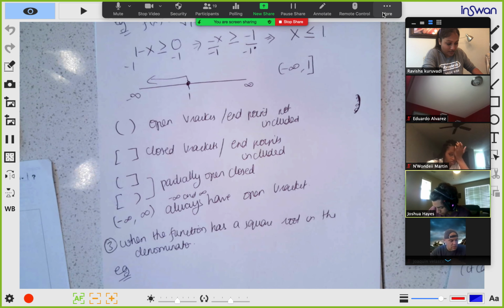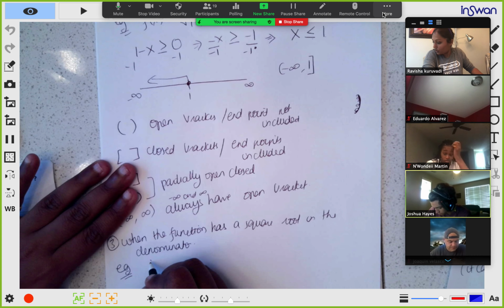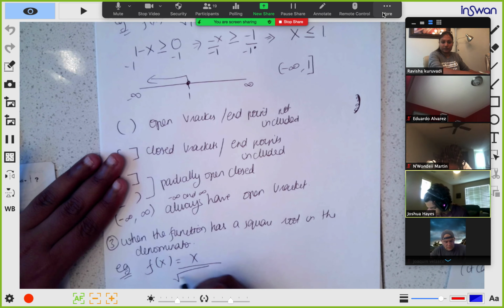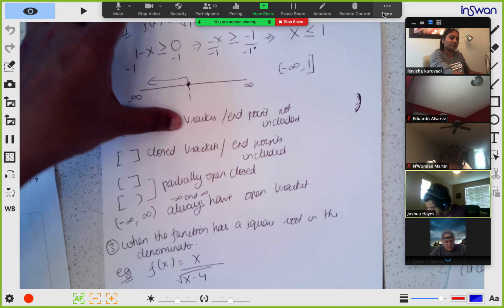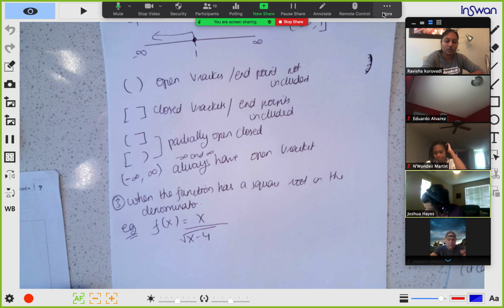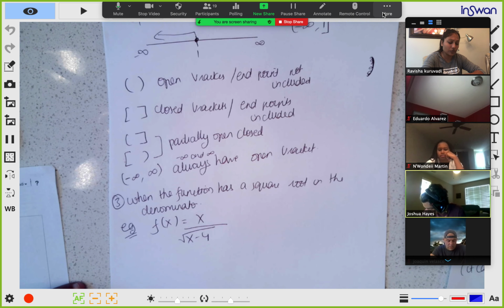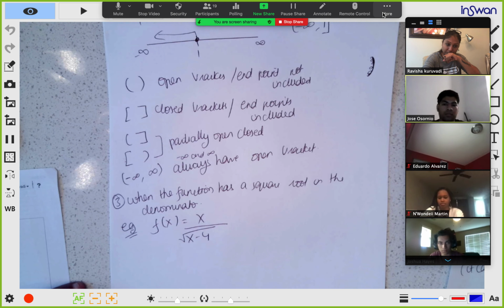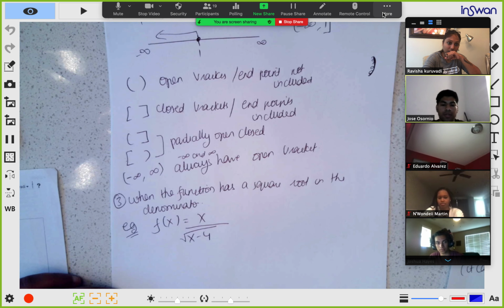Okay, you're given f(x) is equal to x over square root of x minus 4. Note here I have a square root in the denominator. What happens when you have a denominator, first of all? Is it equal to 0 or is it undefined?